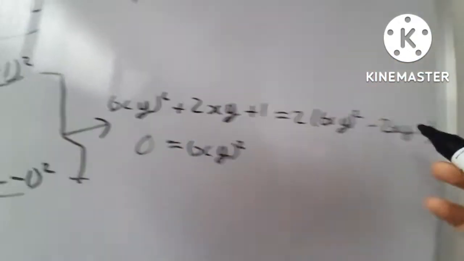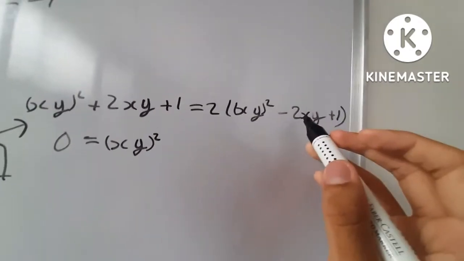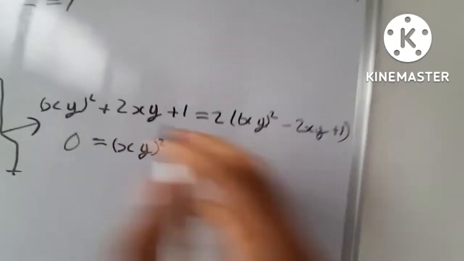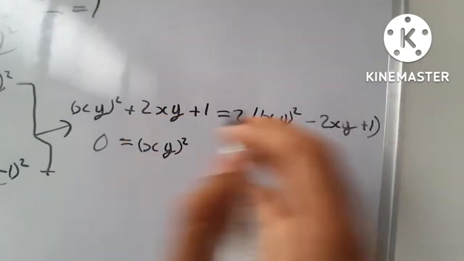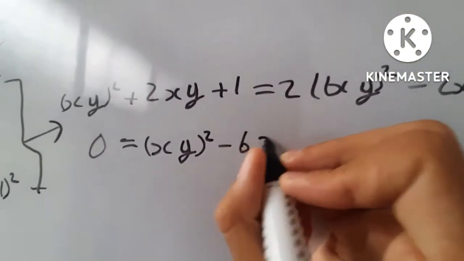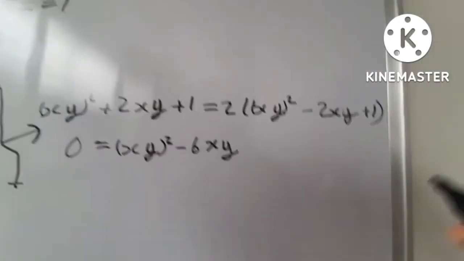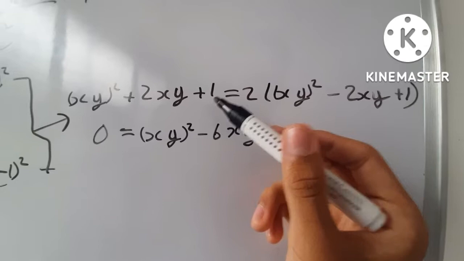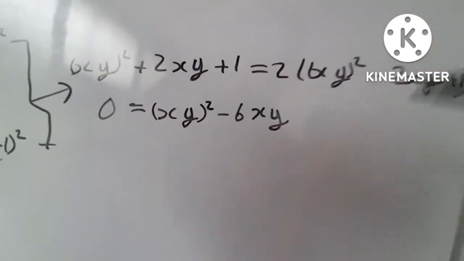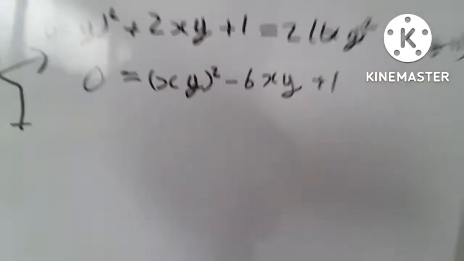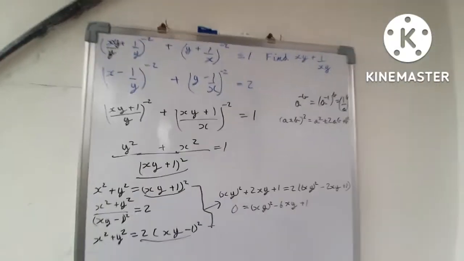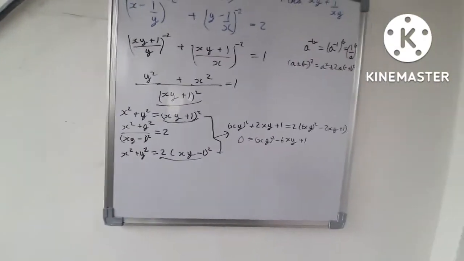And then moving this to this side, there's going to be minus 4xy, and then this becomes negative as it goes to the RHS, so it's going to be minus 6xy. And then what we get is 1, and this is 2, so it's just going to be plus 1. Hopefully you can follow along. Until now I don't think I've done any witchcraft as such.